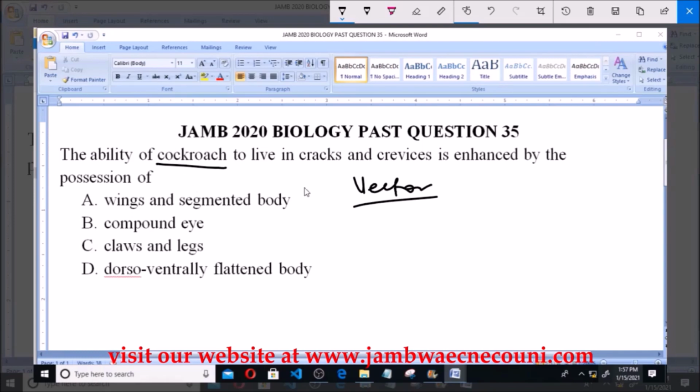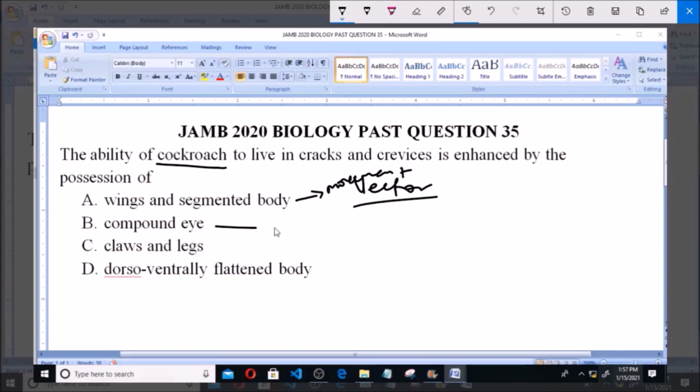Now, cockroach possesses wings and a segmented body that enable them to fly or to move. They possess compound eyes that provide them with a wide range of view. They have claws and legs also for movement.